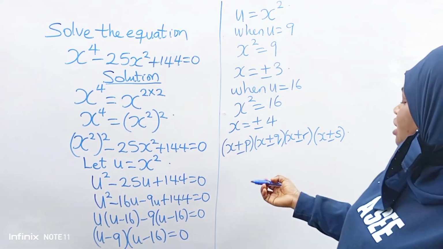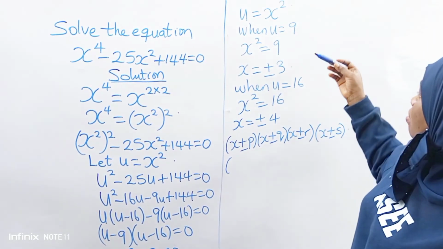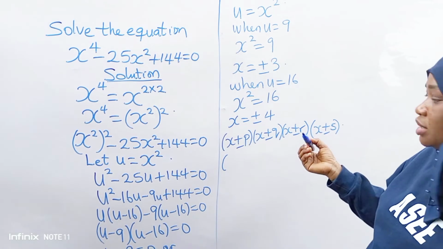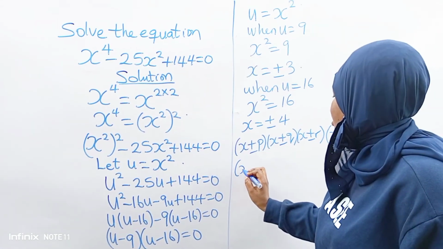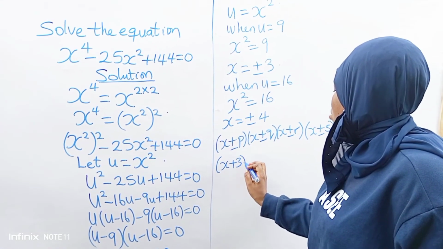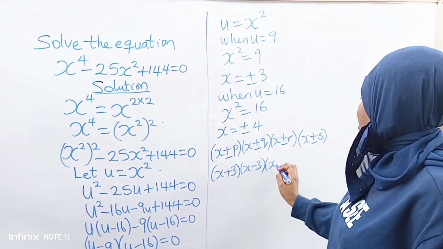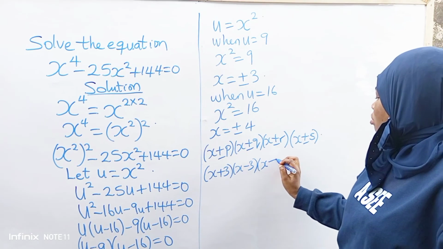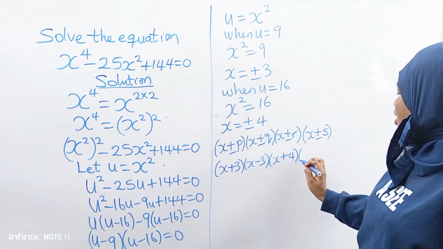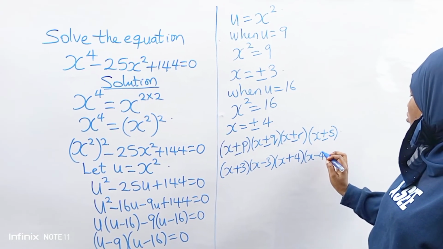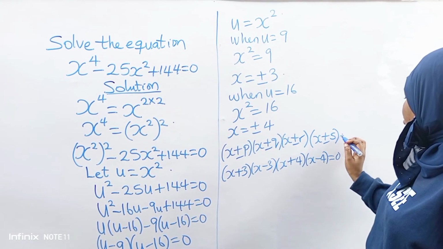Now here you can see that I got x equal to plus or minus 3. So I have (x plus 3) multiplied by (x minus 3) multiplied by (x plus 4), then (x minus 4) is equal to 0.